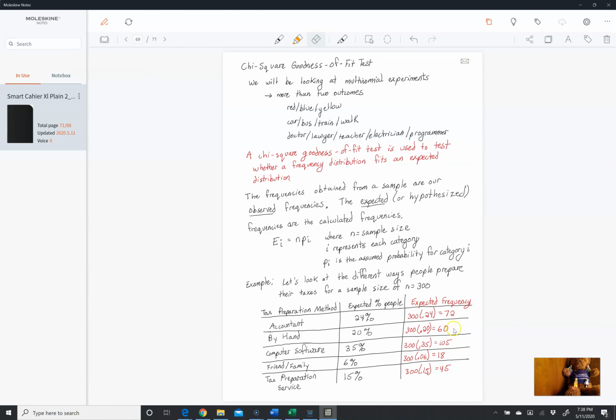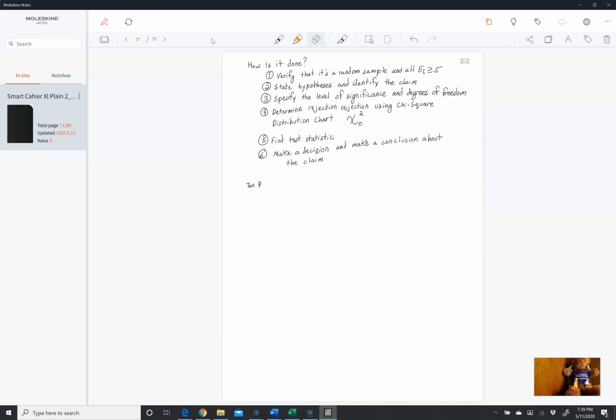Okay, and we calculated all of the expected frequencies. So I'm going to create a new table with what we calculated. I'm going to put the expected frequency in red so that you know that we already calculated it. Okay, and I'm going to add in the observed frequencies. And the observed frequencies I'm going to be putting in black because you would have already received that.